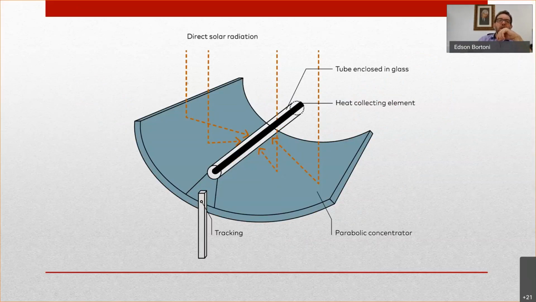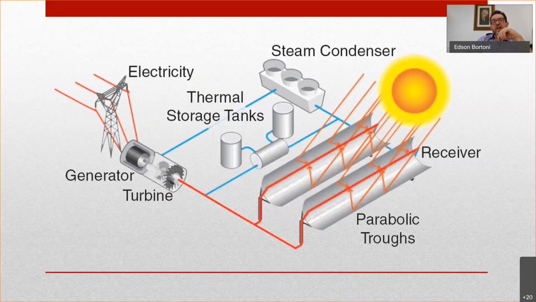When they hit the walls of the parabola, the rays come to a point we call the focus of the parabola. So you have a high temperature here. You can use that. Here we have storage. We'll talk about it later. And the Rankine cycle here.